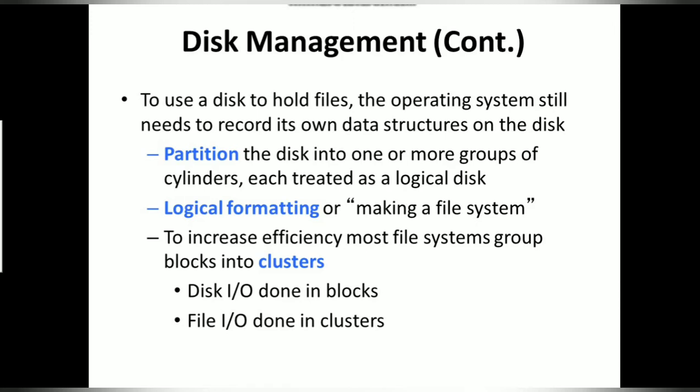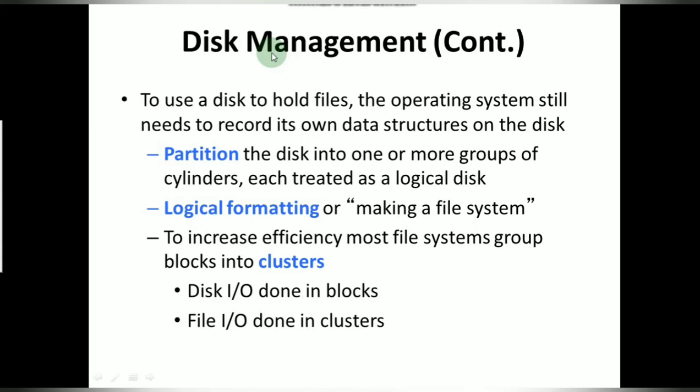The operating system needs to record its own data structure on the disk, and this is done in two steps: partition and logical formatting. Partition means dividing the disk into two or more groups of cylinders.